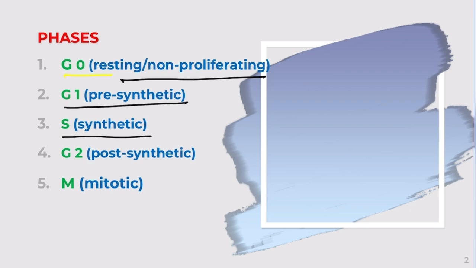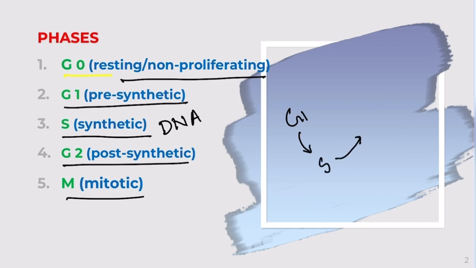S for synthetic phase, and here DNA synthesis occurs. G2, post-synthetic phase, and M for mitotic phase. The cell cycle is like that: G1, S, G2, M, and again G1.